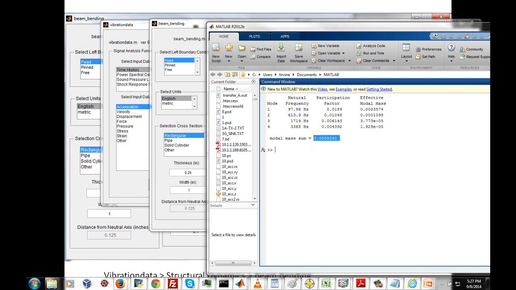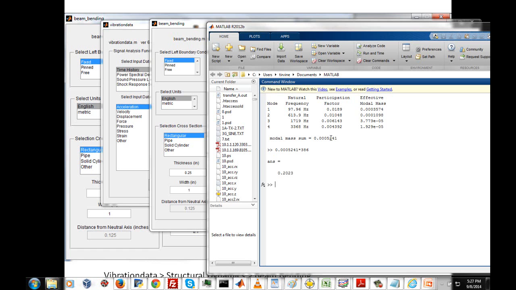So if I take this number here and multiply, this is actually pounds force second square per inch. So if I multiply by 386, the equivalent modal mass in pounds mass, LBM, is about 0.2. That's by including 4 modes.